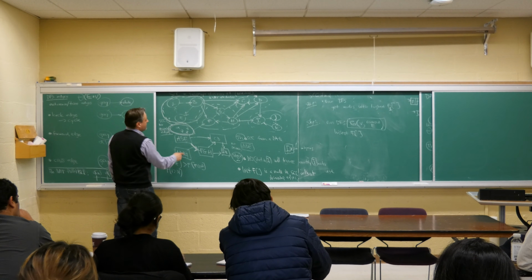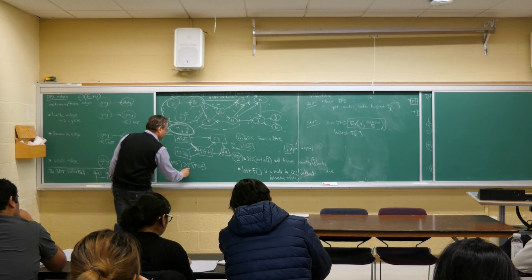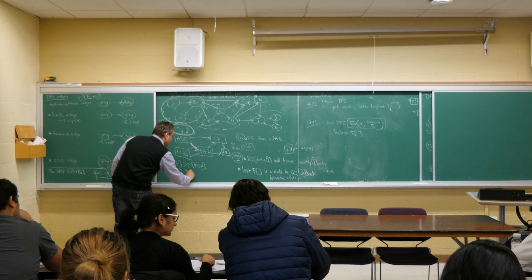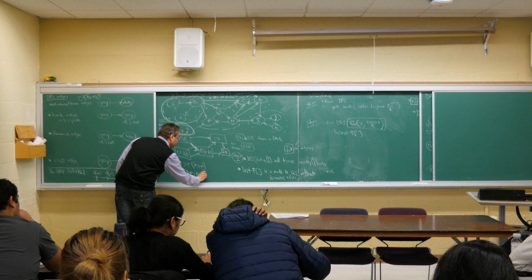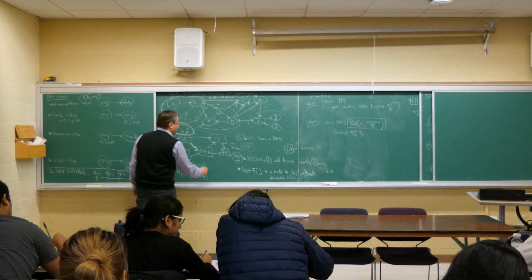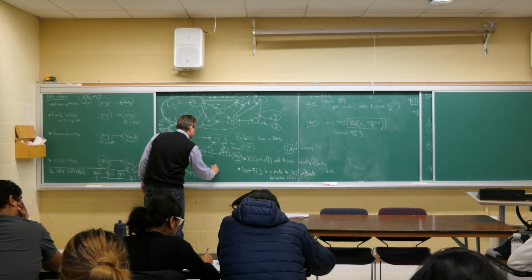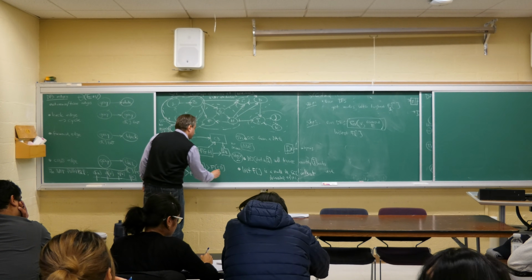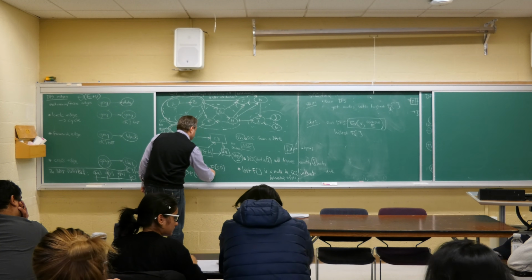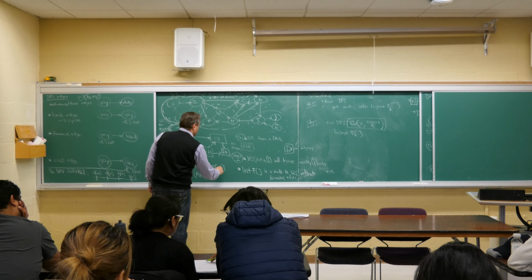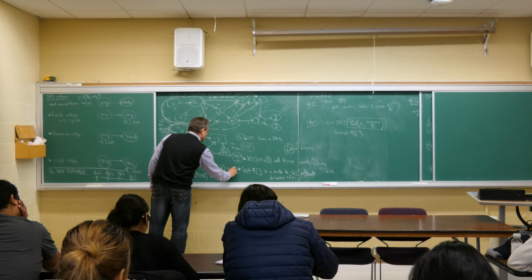Because there's an arrow from 1, 2, 3, 4 pointing here, this is also bigger than f of FGH. And this FGH is bigger than CD, and also bigger than f of IJK.